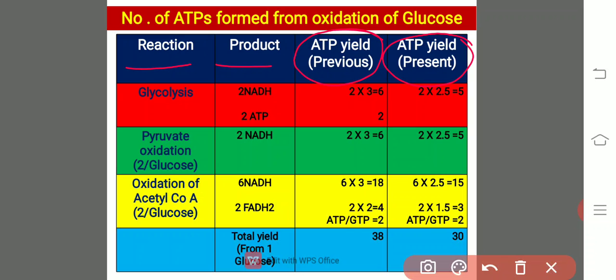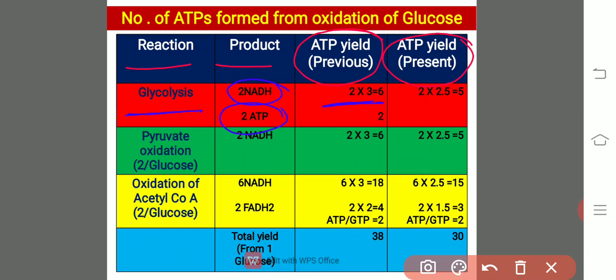In glycolysis, there is a dehydrogenation reaction, a conversion of NAD into NADH. So we have 2 NADH and 2 ATPs in glycolysis. According to the previous calculation, 2 NADH is equal to 6, 2 into 3 is 6. 2 ATP means only 2 ATPs.